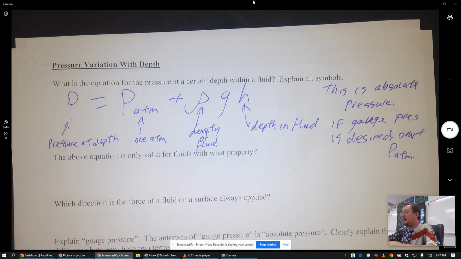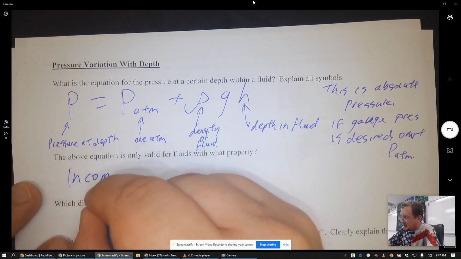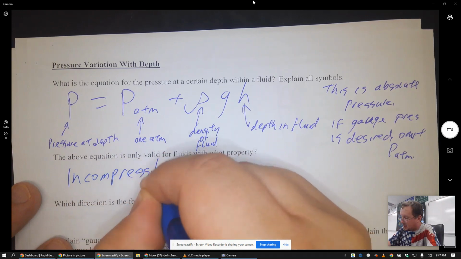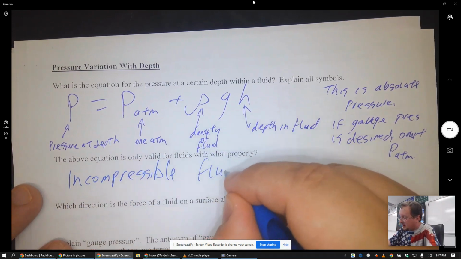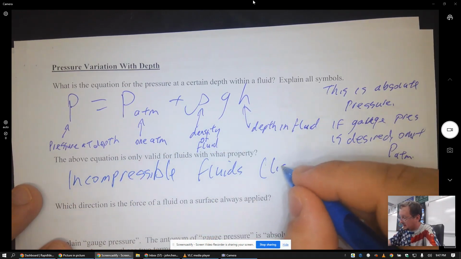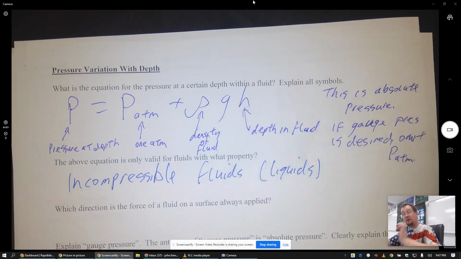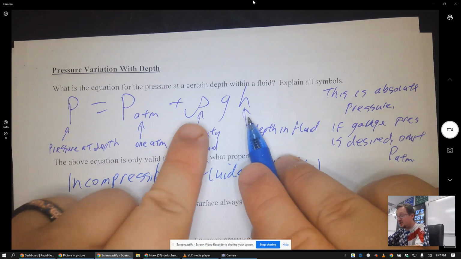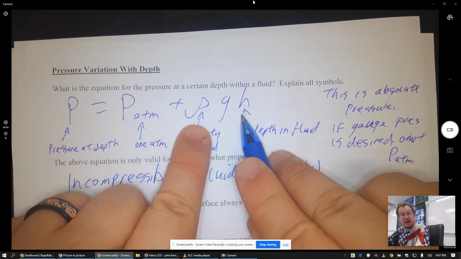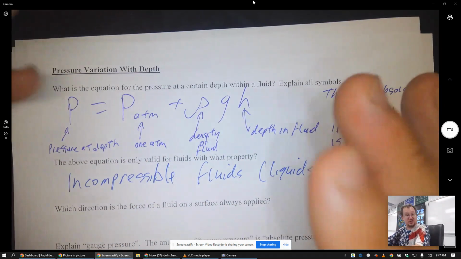Isn't that crazy? This equation is only true for incompressible fluids, which is like liquids specifically. You cannot use this equation for a gas. The reason is that as you go deeper down into a gas, the higher pressure changes the density.